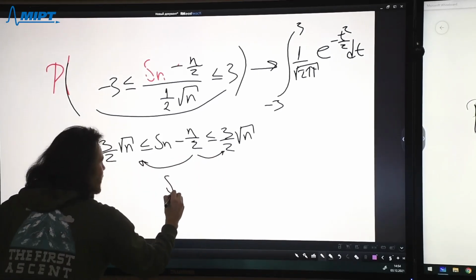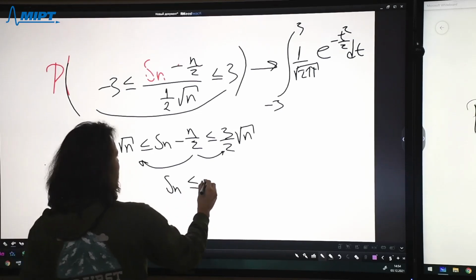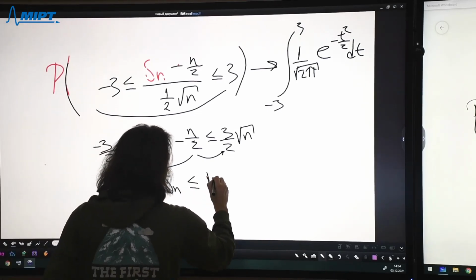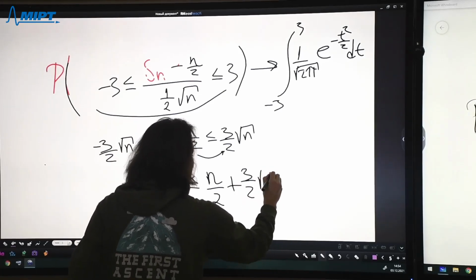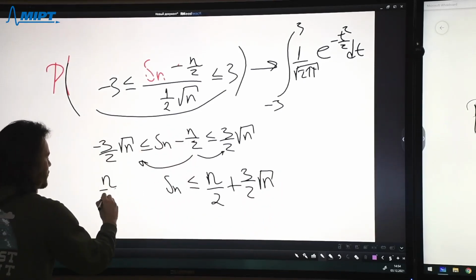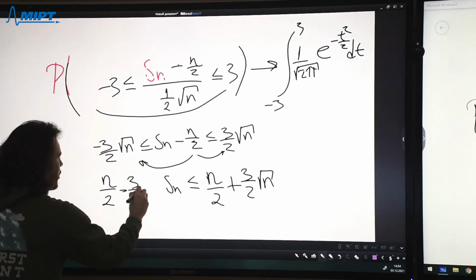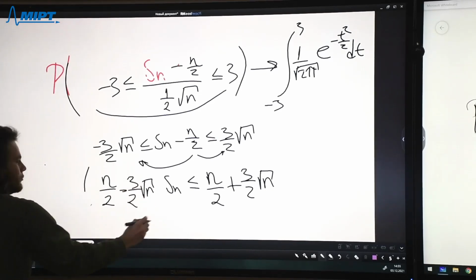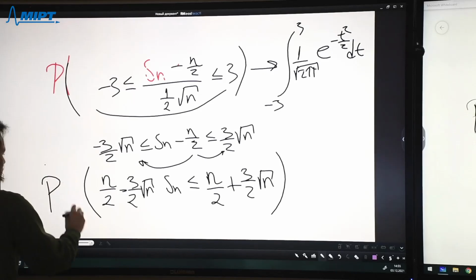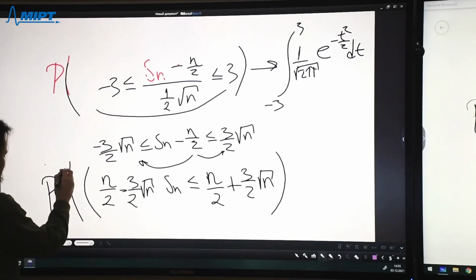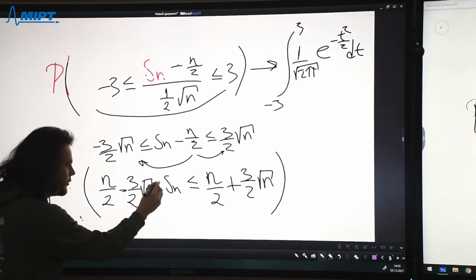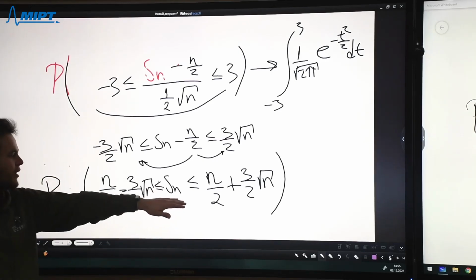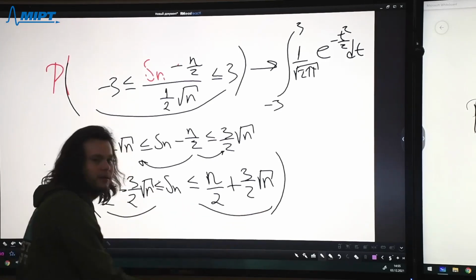So we have that Sn is between n over 2 minus 3/2 of the square root of n and n over 2 plus 3/2 of the square root of n. Now this is some probability that we might want, right? This is the probability that the number of successes is between this number and this number.